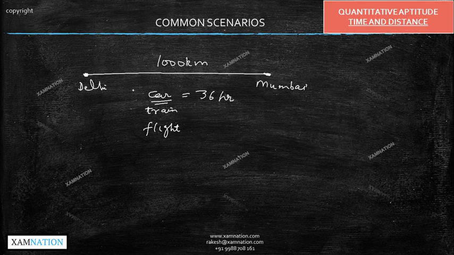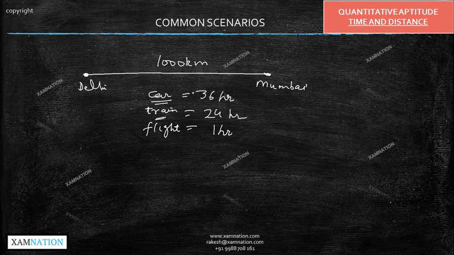Fine. And in case you travel by train, let's say you boarded Rajdhani, so let's say it takes 24 hours to reach Mumbai from Delhi, and let's say you boarded a flight from Delhi to Mumbai, so it takes 1 hour.